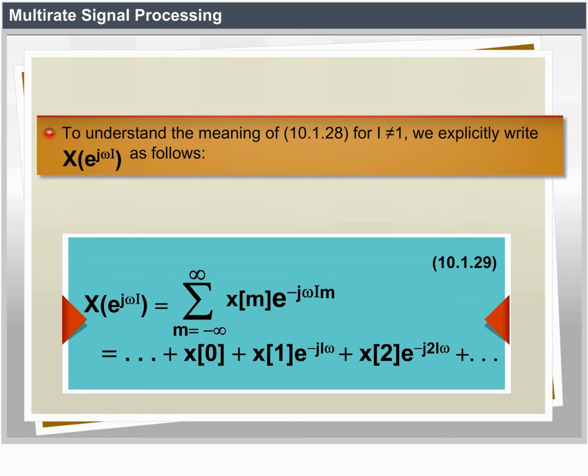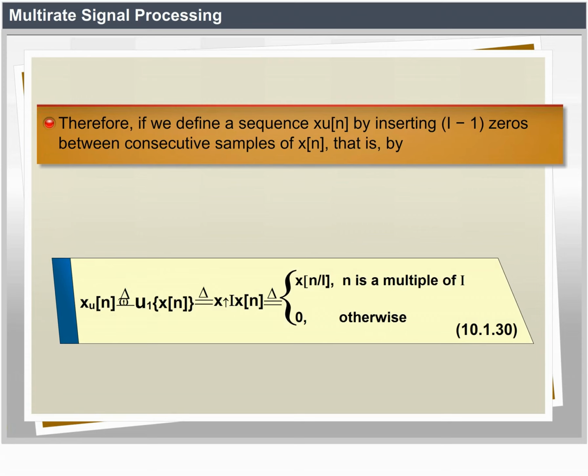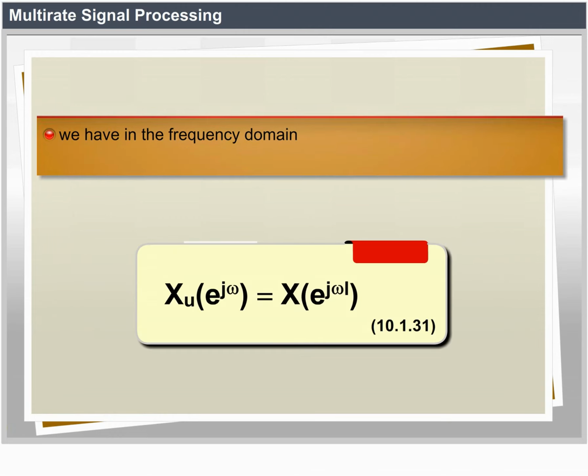Therefore, if we define a sequence x_u(n) by inserting L minus 1 zeros between consecutive samples of x(n), that is, x_u(n) equal to x(n/L) if n is a multiple of L and 0 otherwise, equation 10.1.30, we have in the frequency domain X_u(e^jω) equal to X(e^jωL), equation 10.1.31.